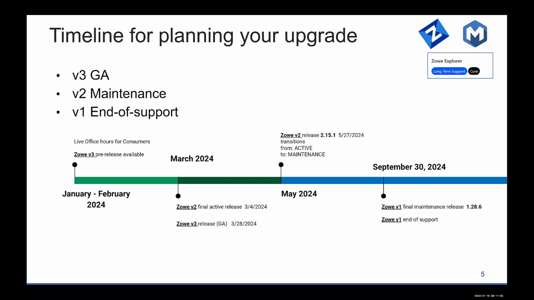In the March timeline, we'll introduce V3, but we'll also produce the final active release for V2. So no more new features for V2 after March. And then by May, the first maintenance release for Zowe V2 will be introduced. And then in September, V1 will terminate community support.